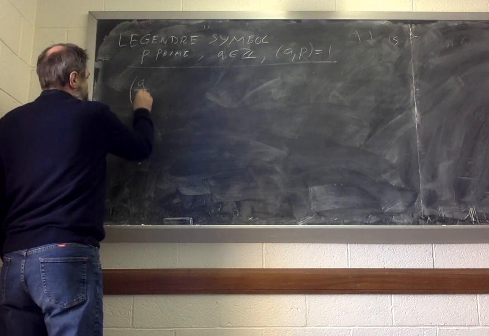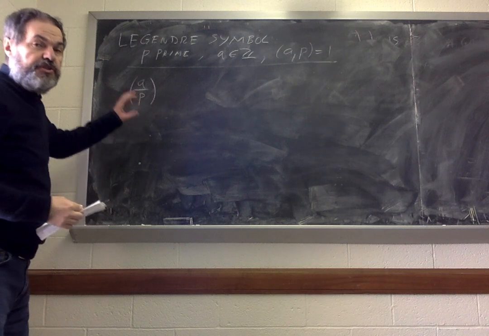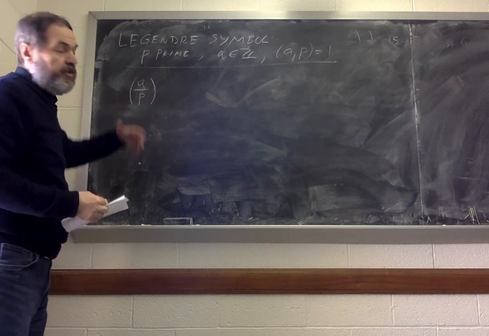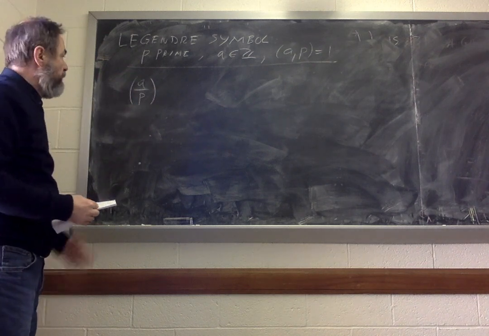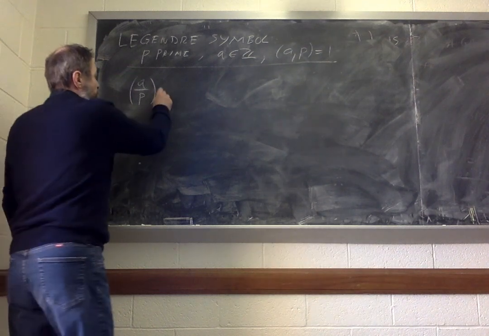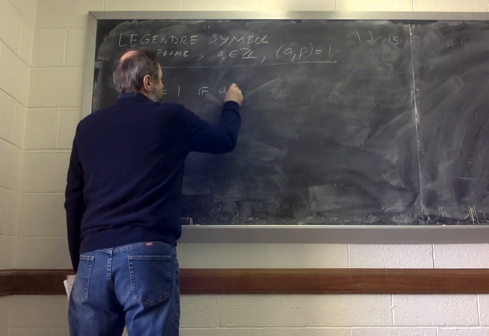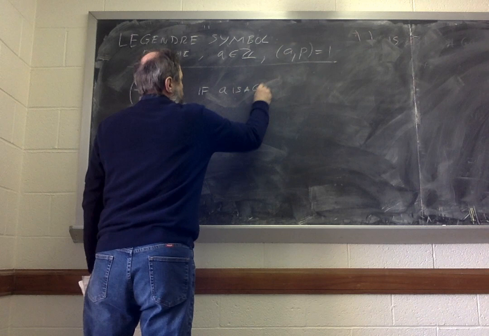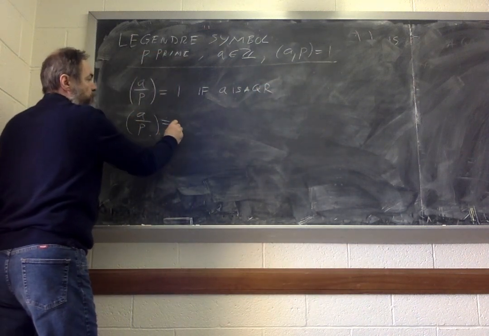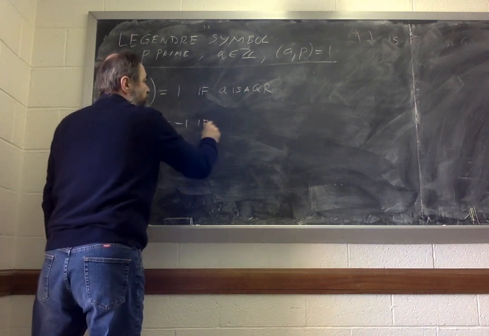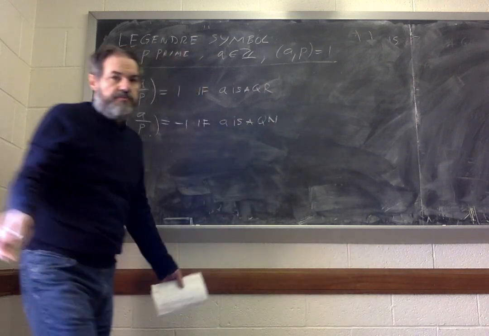So a over p, but it's not division, it's just this quadratic symbol, the Legendre symbol. A over p is 1 if a is a quadratic residue, and we define the symbol to be minus 1 if a is a quadratic non-residue.